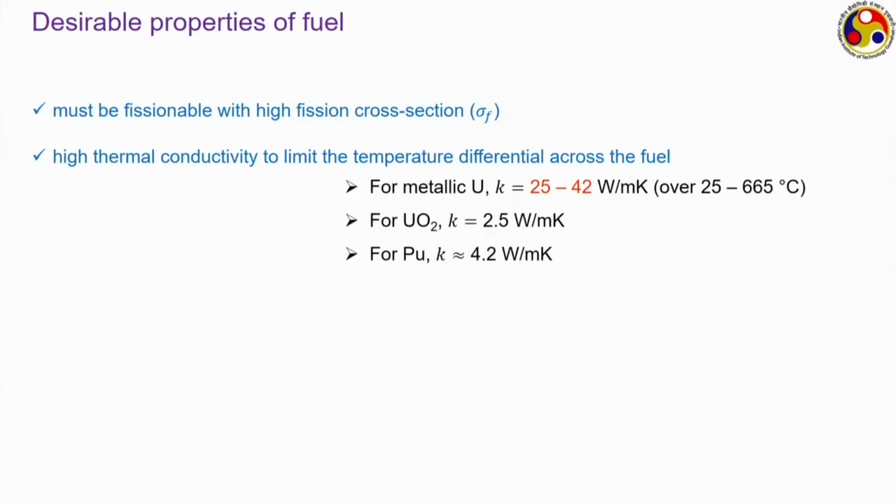For metallic uranium, thermal conductivity varies between 25 at 25 degrees Celsius to 42 watt per meter Kelvin at 665 degrees Celsius. For uranium oxide, it is much lower, just 2.5 watt per meter Kelvin. Plutonium also has a conductivity lower than uranium, which is something like 4.2 watt per meter Kelvin.